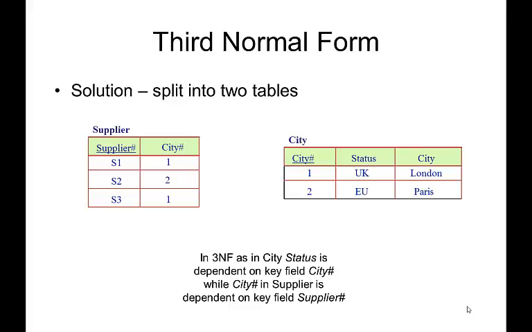So this is now in third normal form. In third normal form, the city status is dependent on the key field city number, while city number in supplier is dependent on the field supplier. Yeah, that's correct.